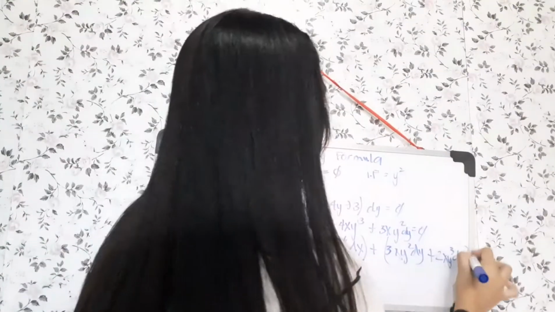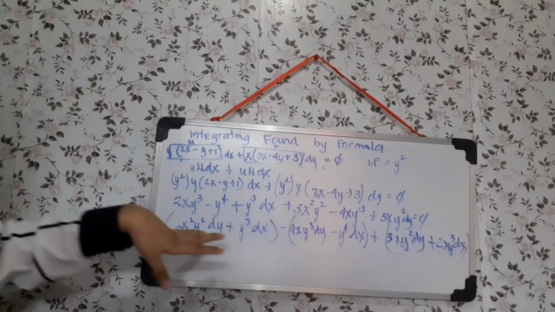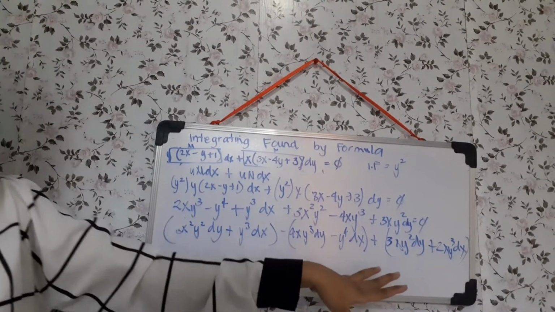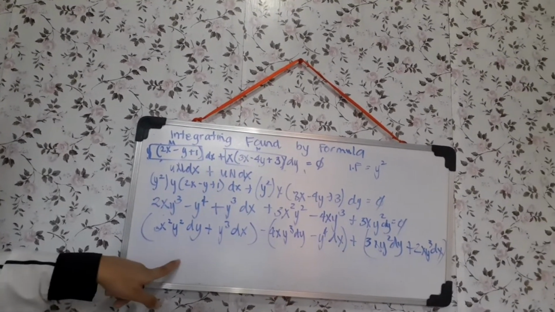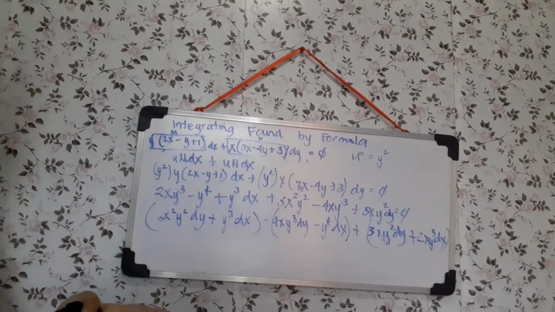So this is the combining of the like terms. Then after that we need to factor it out.